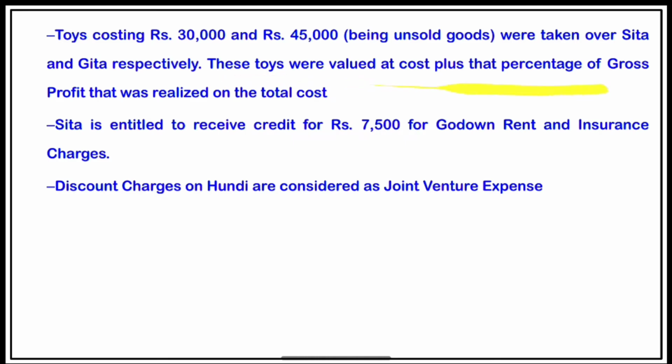These toys were valued at cost plus that percentage of gross profit that was realized on total cost. આજે 30,000 ને 45,000 અનસોલ્ડ છે, એ જે સેલ્સ થયું એના પર જે પ્રોફિટ મળ્યું હશે, કેટલા ટકા પ્રોફિટ મળ્યું છે, તો એ પ્રોફિટ પર્સન્ટેજ એડ કરીને પછી પાર્ટનર લઈ જાય છે.